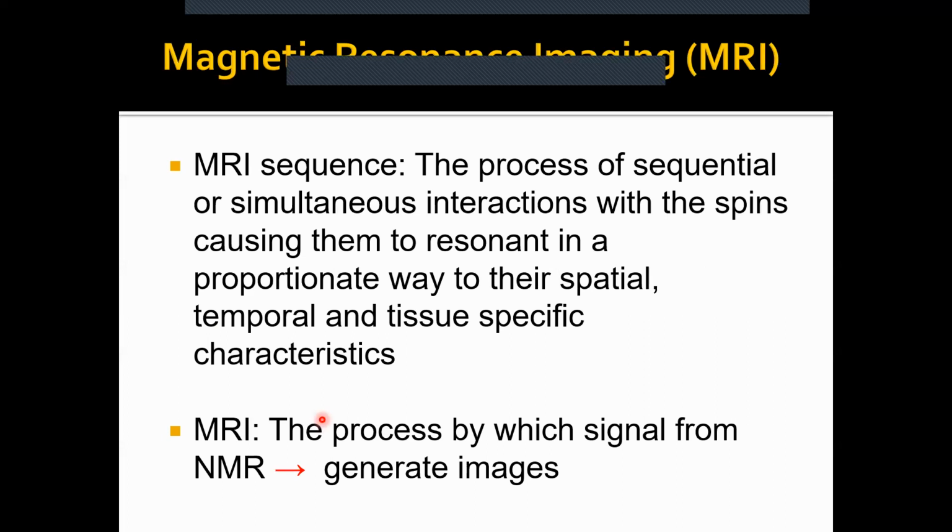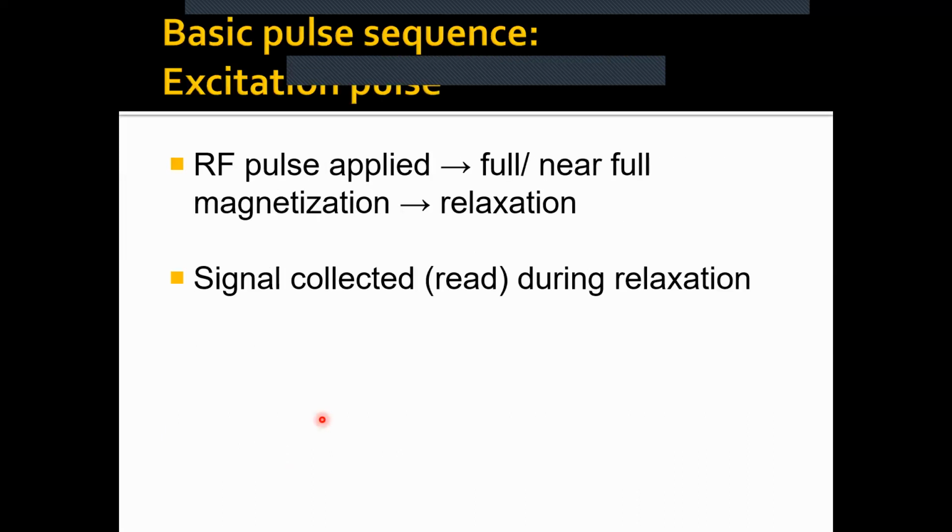Like we said earlier, you're going to release the pulse from the magnetic field, which will align the protons, and then they will relax, and then you're going to send another pulse, which will align them again, and then they will relax again. This constant cycle of aligning the protons and then they relax is what produces the MRI image.